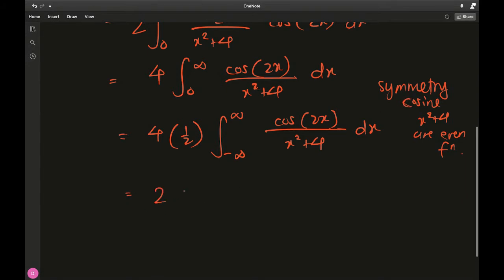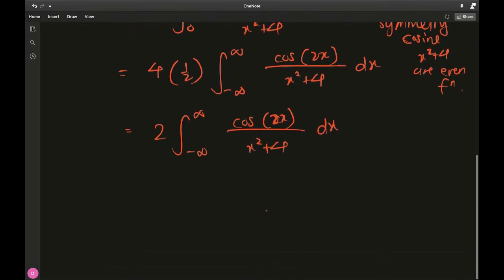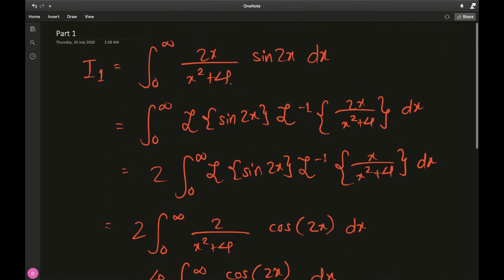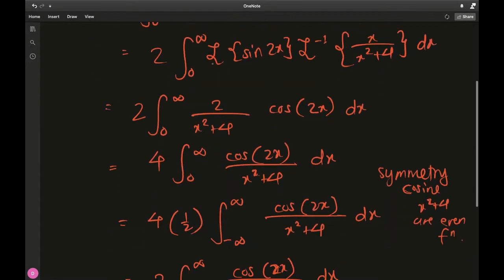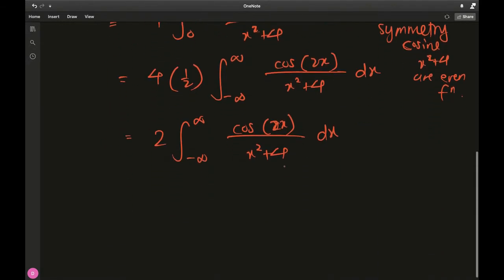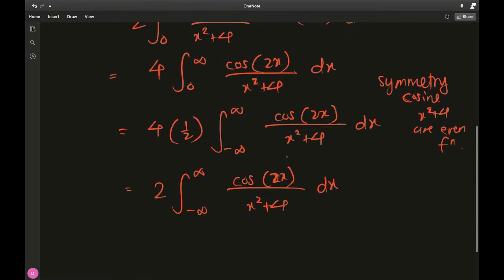So this becomes 2 times the integral from negative infinity to infinity of cosine of 2x divided by x squared plus 4 dx. And you know what the great part about using the Laplace transform was? We got rid of the x that was in the numerator. So all our polynomial terms are in the denominator, and all our trigonometric terms are in the numerator.